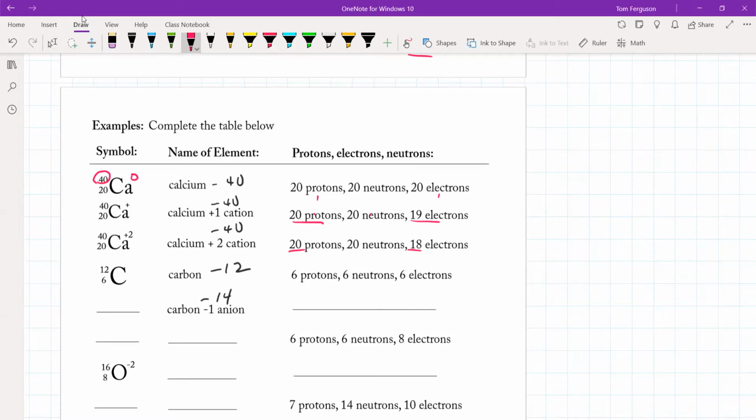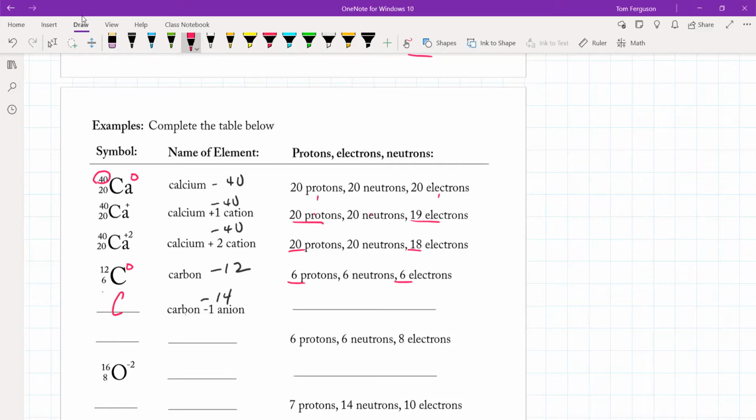Looking at carbon-12 here, the electrons and protons are equal, so that is a neutral carbon. In this one, we have carbon-14, and we have a -1 anion. Let's put the symbol there.